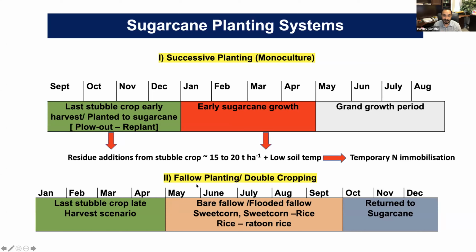On the other hand, in the other planting system, we have a fallow period. So we harvest sugarcane late, up to April, and then from May to September is the fallow period, when we can grow either sweet corn or rice, or we keep it flooded and fallow, and then we plant it with sugarcane again in October.